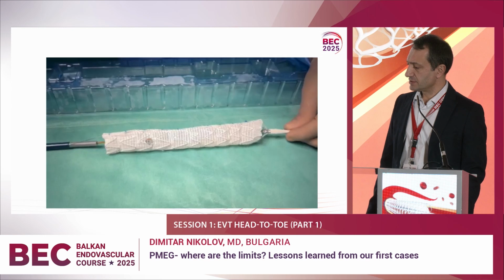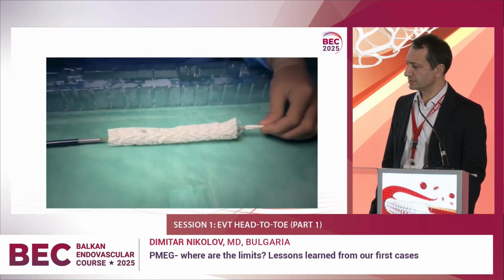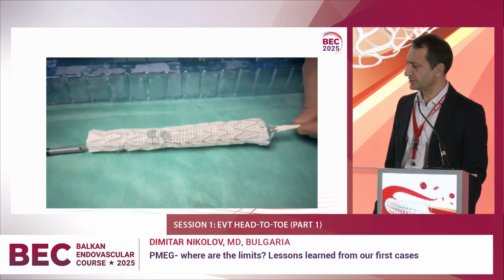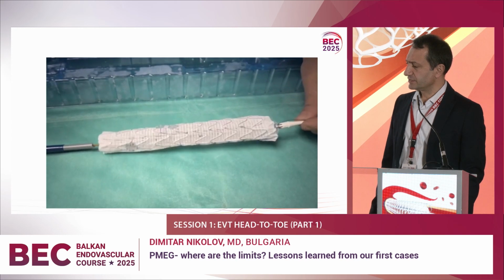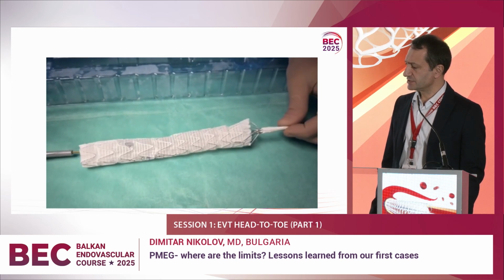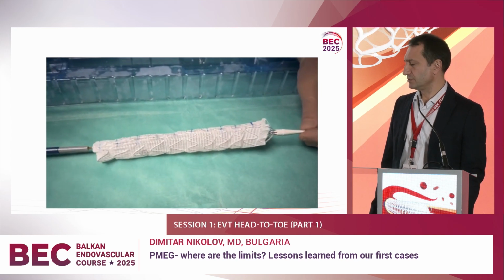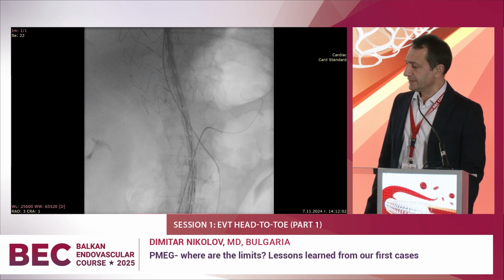This is how it looks before resheathing the stent graft. You can see there are 4 fenestrations, with reducing ties on the back.